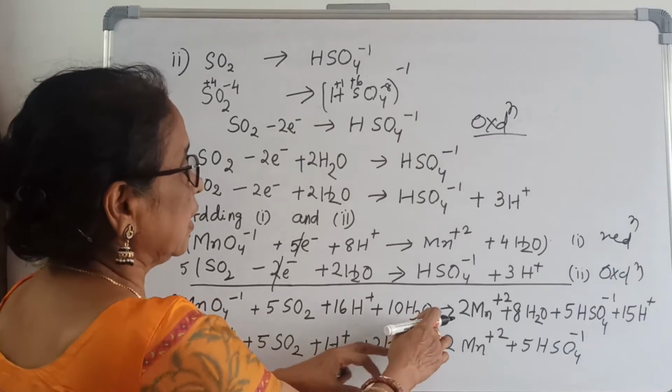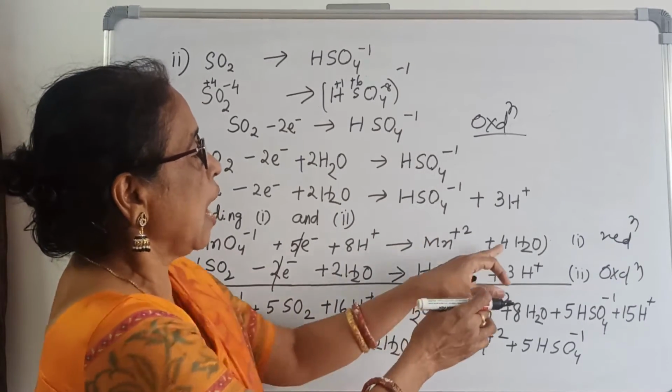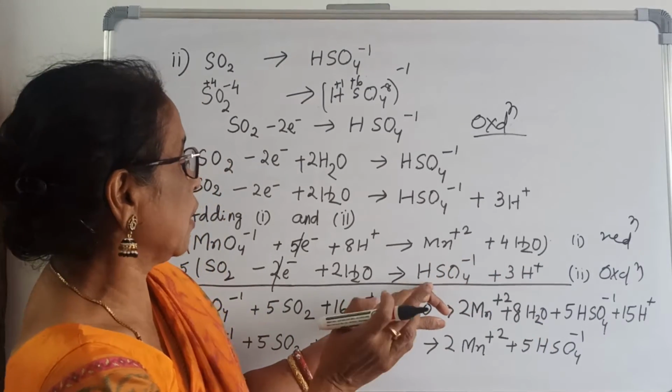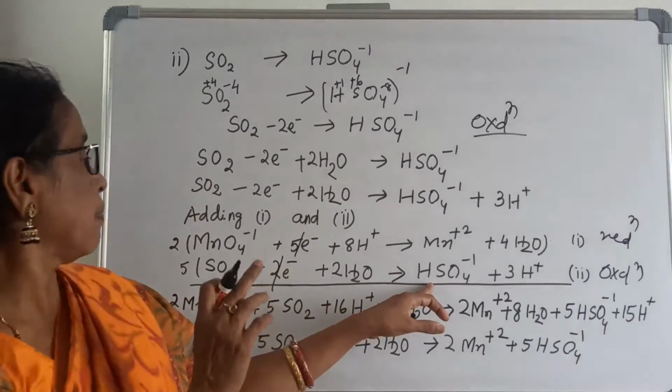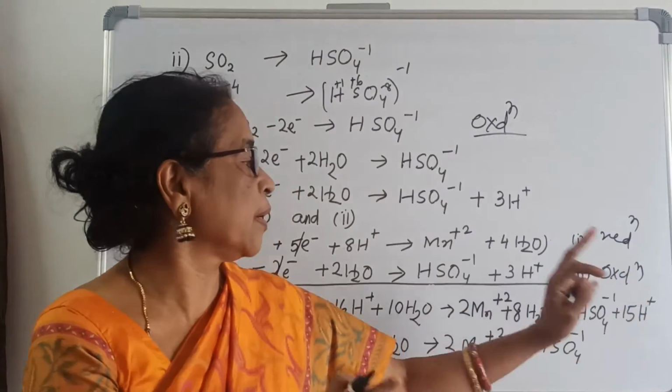The reactant side is completed. Then the product side, multiplied by 2, so 2 Mn plus 2 and 8 water, and the second equation multiplied by 5, so 5 HSO4 minus 1 and 15 H plus.